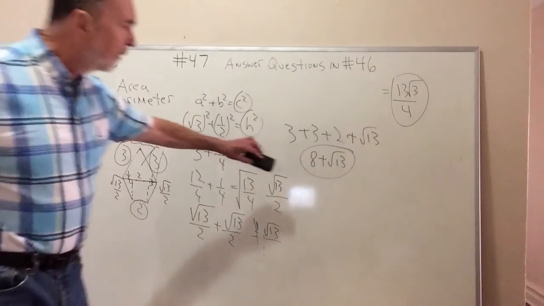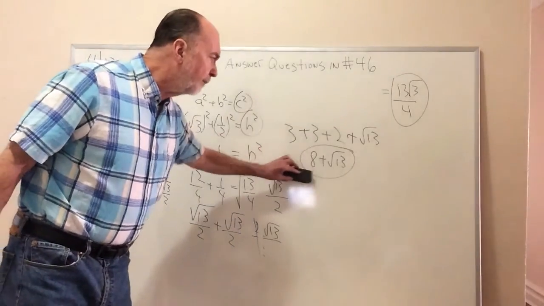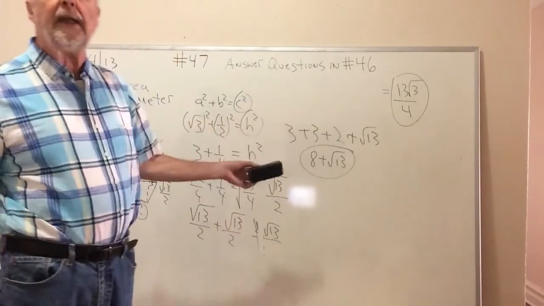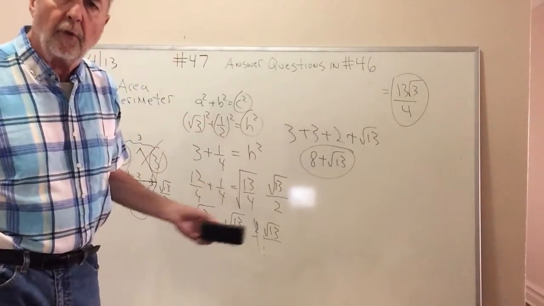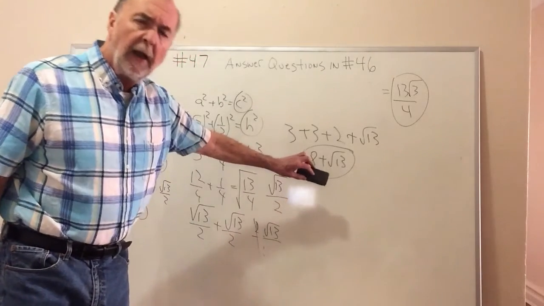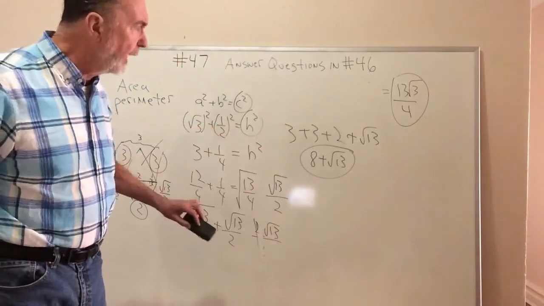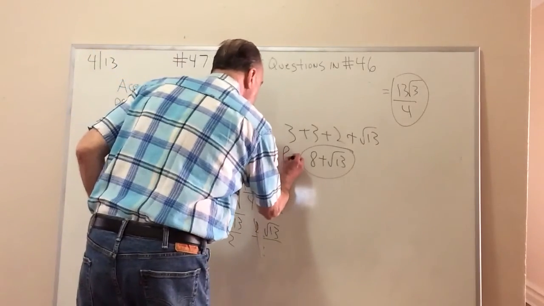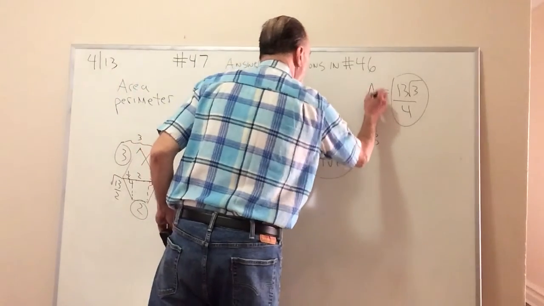We explained to you already that you can't put these together, they're not like terms. If you really need it for engineering purposes or you're a scientist, then you simply use your calculator and round to whatever you need. In math, we regard this as the answer for perimeter. And this is the answer for area.